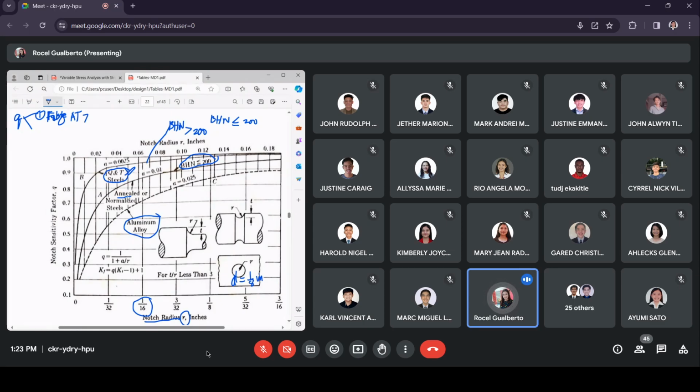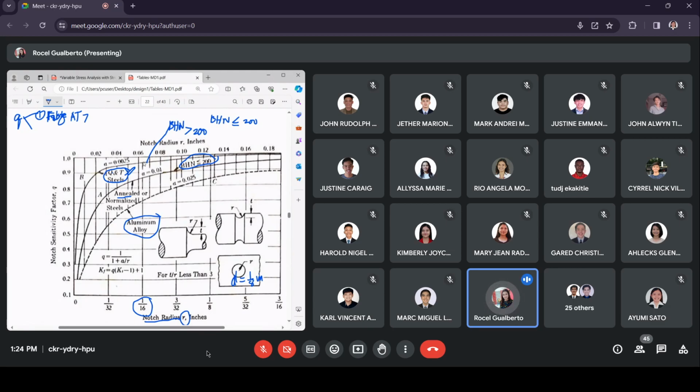So how do you use it? Let's say, for example, the diameter of the central hole is 1/8 inch and the material is quench and tempered steel. So you look at the radius 1/16. You extend this line for 1/16 up to the quench and tempered steel curve.